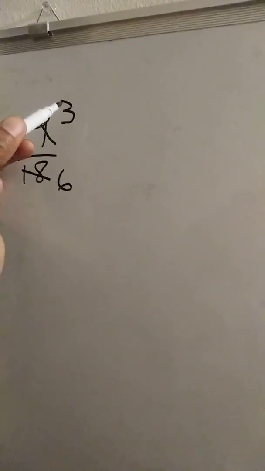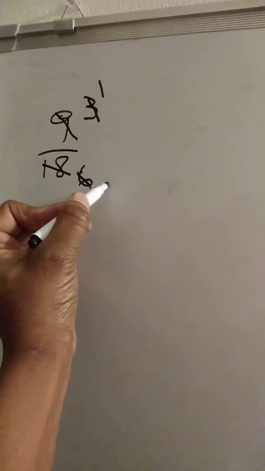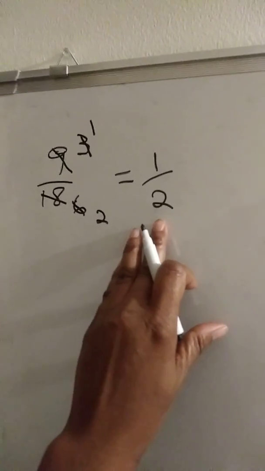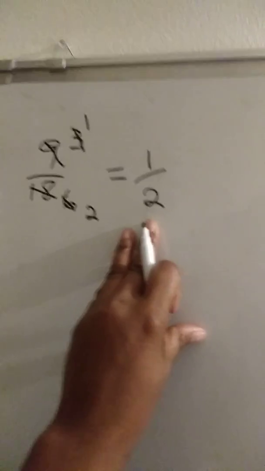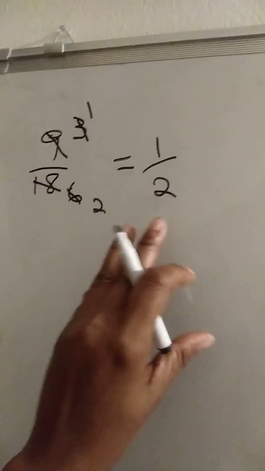It can go lower. 3 into 3 goes 1 time, 3 into 6 goes 2 times. So the answer is a half. So it is in its lowest form.